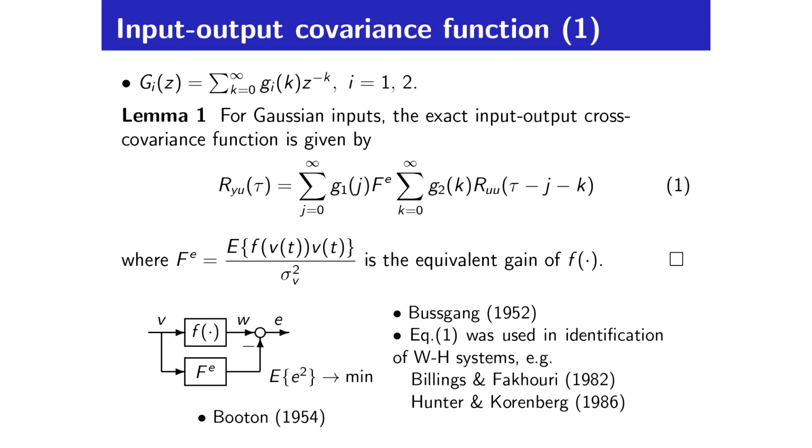The first lemma is that for Gaussian input, the exact, this is important, exact input-output cross covariance function is given by this equation. This is the cross covariance, and G1, G2 are the impulse response sequences, and RUU is the input covariance function. And FE here is the equivalent gain.